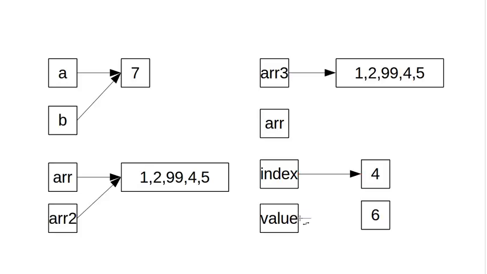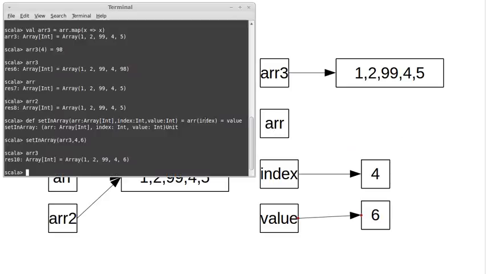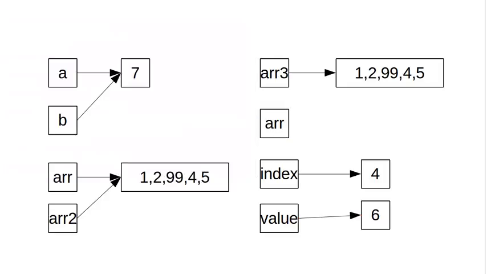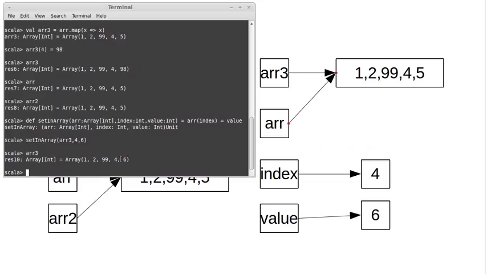This seems simple enough, but the part that really matters is what happens to arr. We're passing in arr3, so arr is bound to that and becomes a reference to this exact same object. And that's essential, because if it pointed to some other array, we wouldn't actually have the side effect that we want.